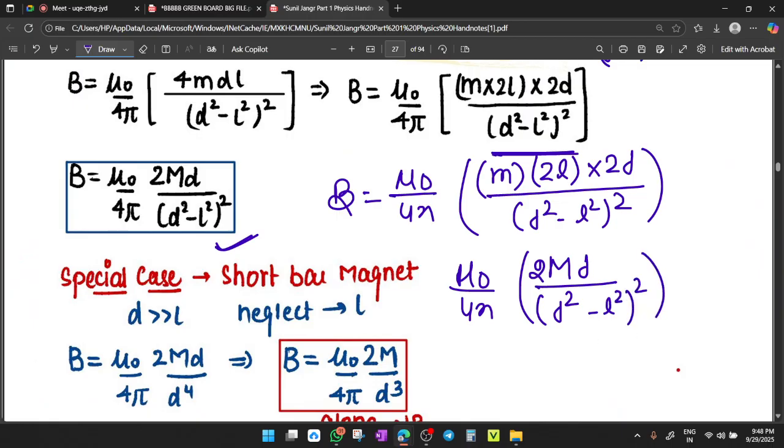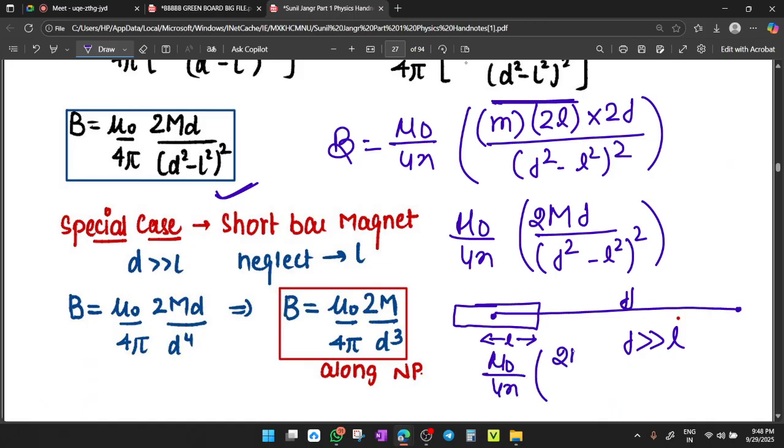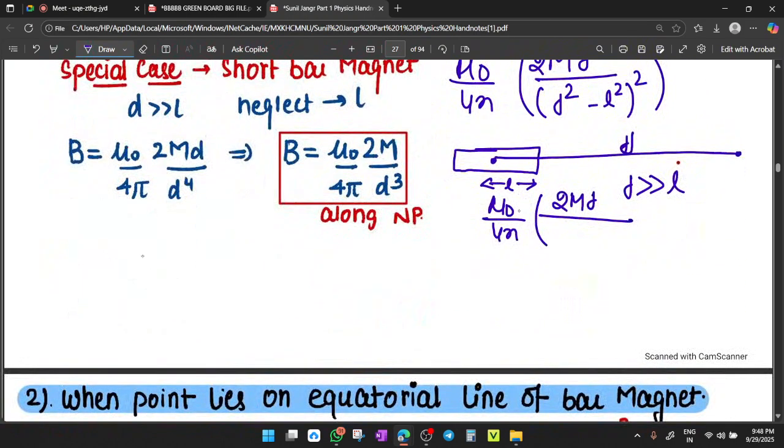A special case is when the dipole is very small. If this dipole is very small, then this distance is L and this distance is D, so D is very much larger than L. So you can neglect L in comparison to D. So in mu naught upon 4 pi, 2Md divided by (d square minus l square) whole square, d square minus l square is nearly d square, because we have neglected l square.